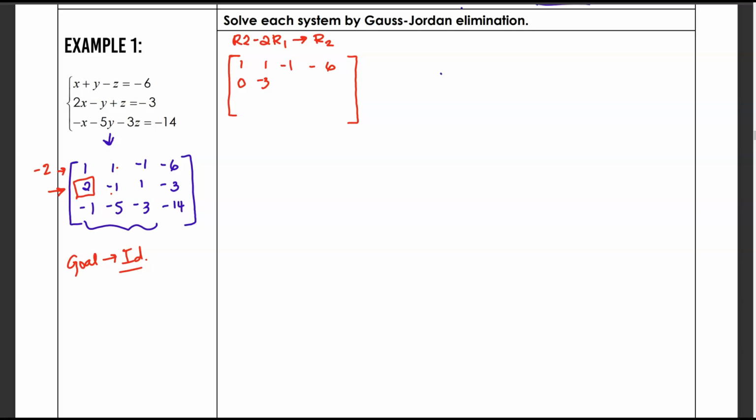Then 1 minus 2 times negative 1 becomes a positive 2, so that gives us a positive 3 here. Our last one is negative 3 minus 2 times negative 6, so it's going to be a positive 12, minus 3, so we end up with a positive 9. My last row stays the same: negative 1, negative 5, negative 3, and negative 14.